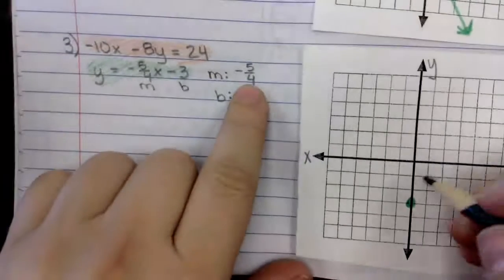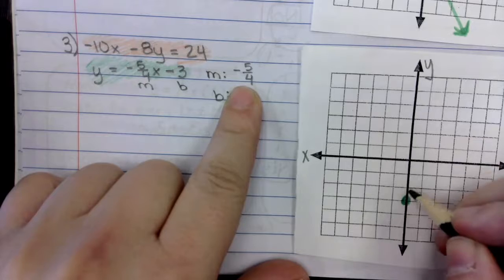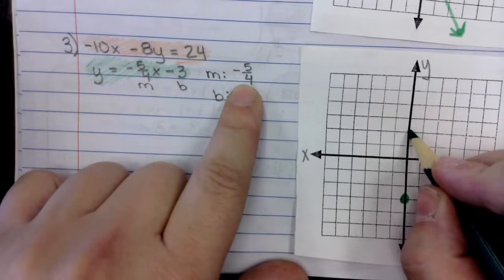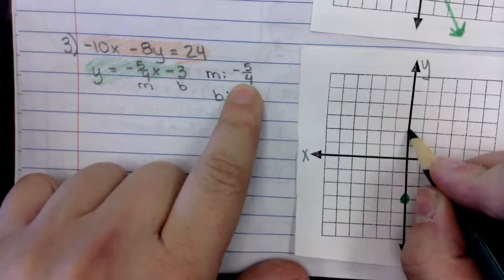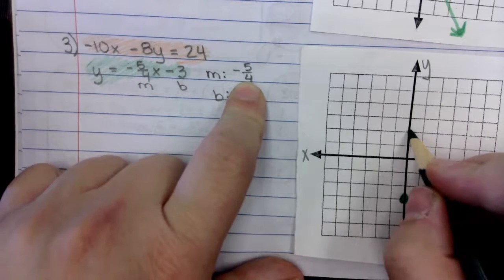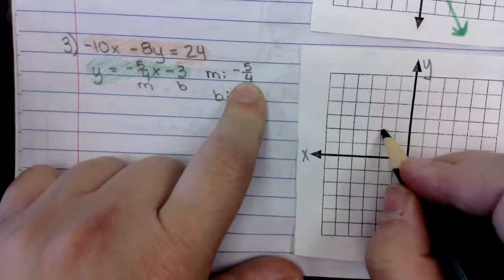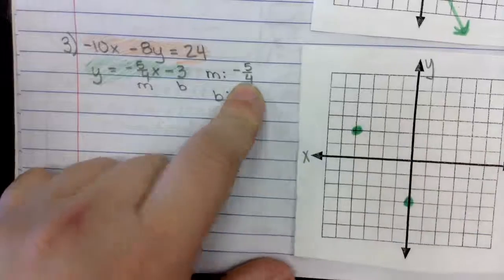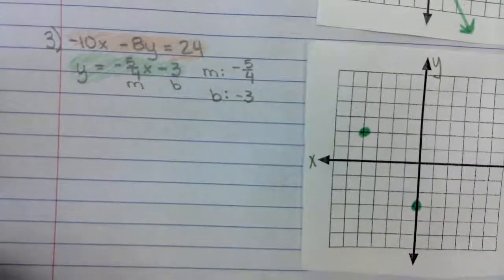But then that negative still has to come into play. Because it's a negative 4 now, am I going to go left or right? Left. Yep, and that's the only 2 points we can do, so we just connect those two.